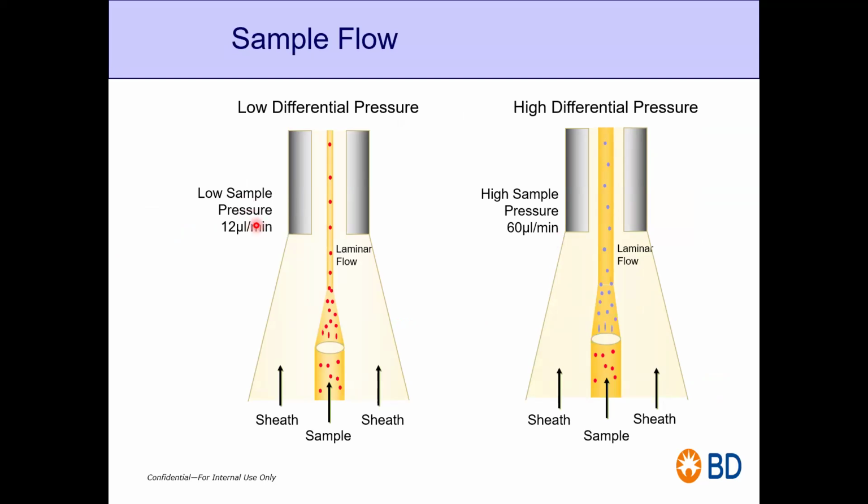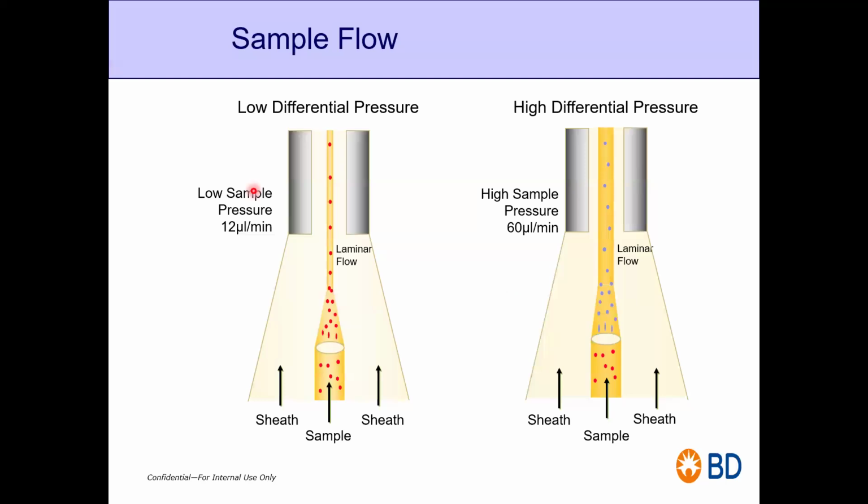One is low, in which the amount of sample going is 12 microliter per minute, and in medium it goes 60 microliter per minute, and high means 120 microliter per minute. And there is another mode, called high sensitive mode, in which it goes around 50 microliter per minute.